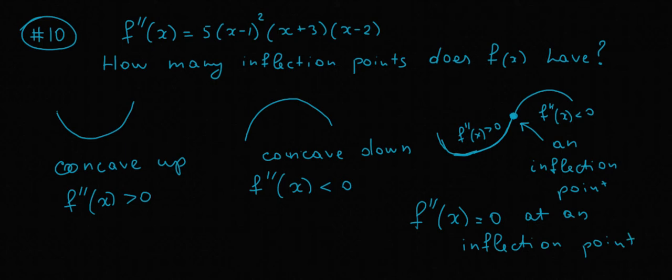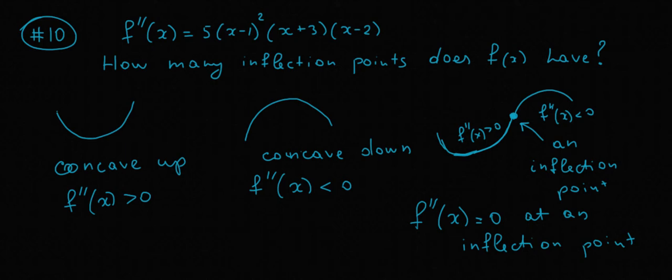Now, one has to be a little bit careful, because just like not every critical point is necessarily a relative maximum or relative minimum. In order for a critical point where the first derivative is 0 to be a relative maximum or a relative minimum, there has to be a sign change for the first derivative at that point. The first derivative should either change from positive values to negative, or the other way around. And something very similar takes place here with inflection points and the second derivative.